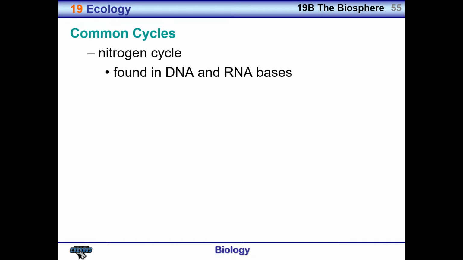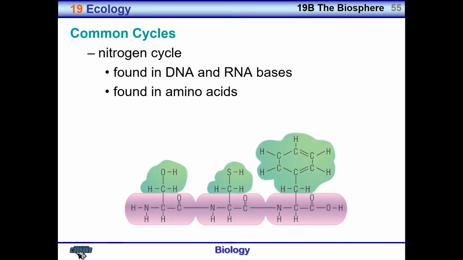Nitrogen is also found in the amino acids that make up protein. And here are some nitrogenous bases, and you can see the N's in the formula between those dashes. Those are nitrogen, so it's an important part of the DNA and RNA.